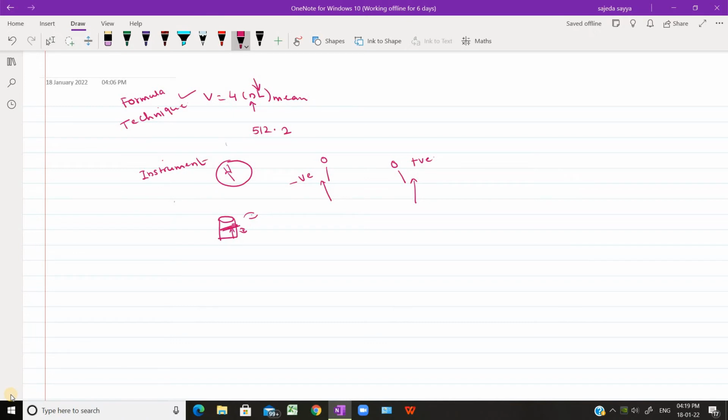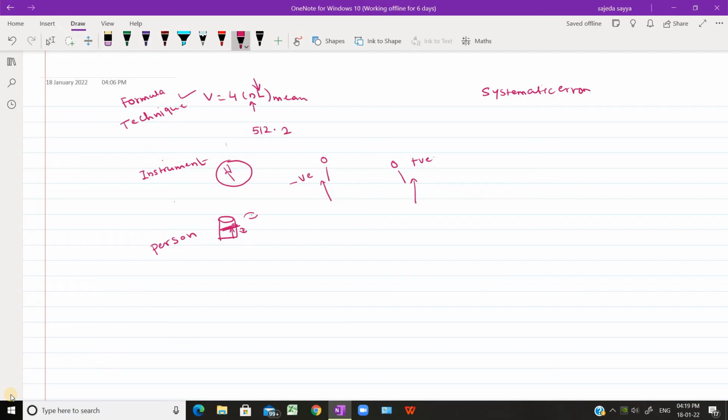So the person, instrument, technique and formula are all part of the system. So the error that comes due to the system is called systematic error.